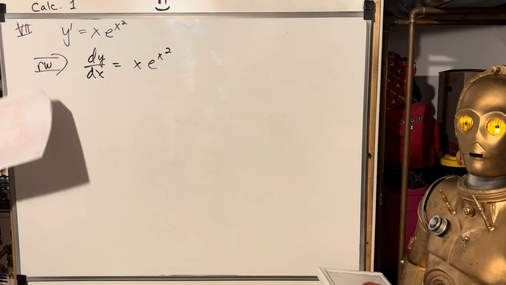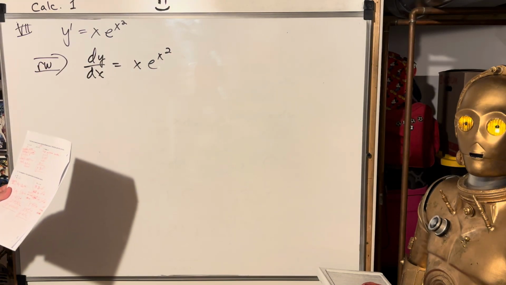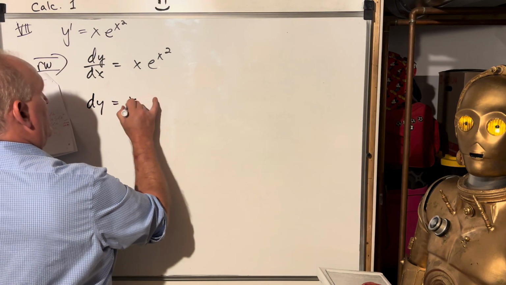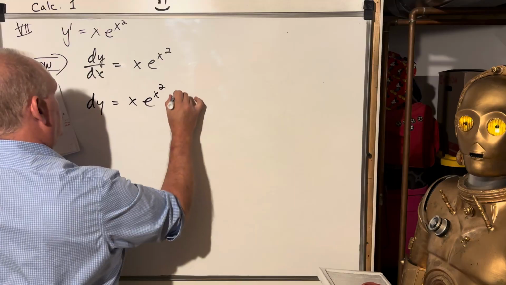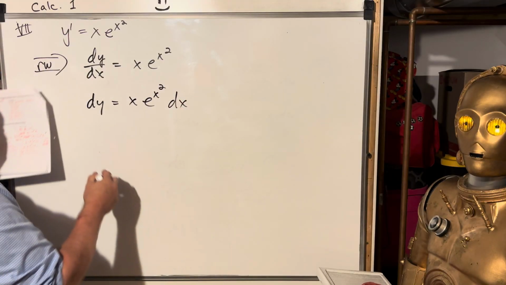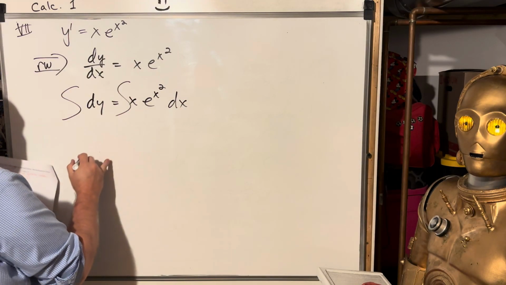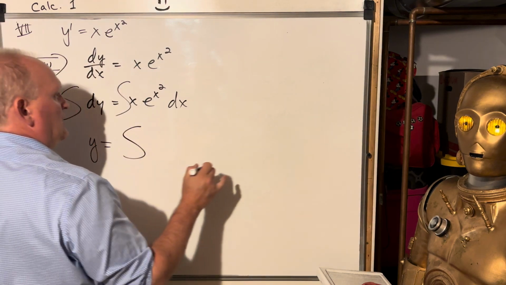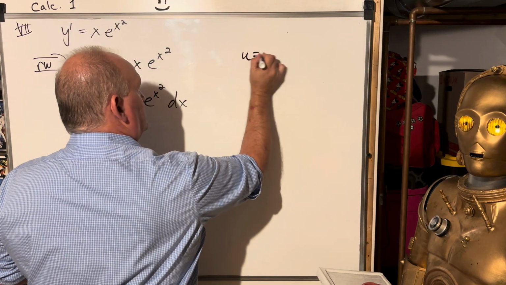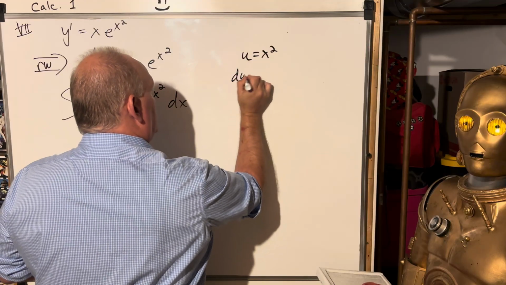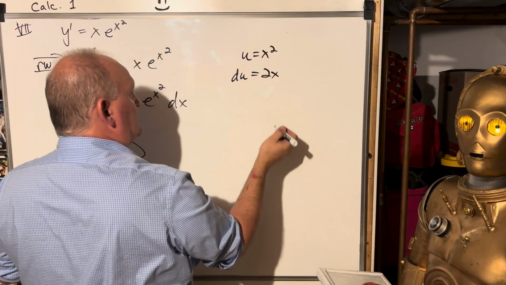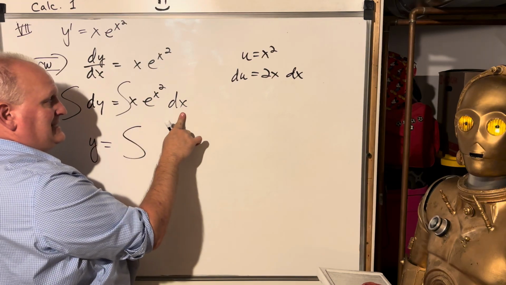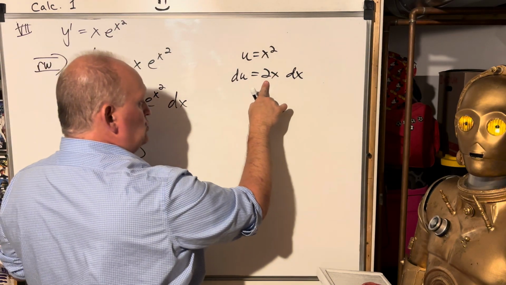And then do the same thing we just did. Multiply both sides by dx. So we've got dy is equal to x e to the x squared dx. And now integrate. So y is equal to, let's say u is equal to x squared. Let's say du is equal to 2x dx. And we've got an x dx, but we don't have a 2.